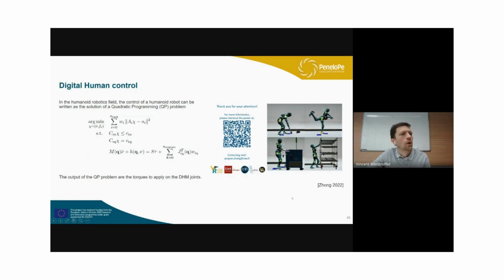Here you have different examples of reaching a target on the ground, maintaining balance while staying on only one foot, reaching targets in the environment, and applying some forces. All this is done by solving this QP problem.